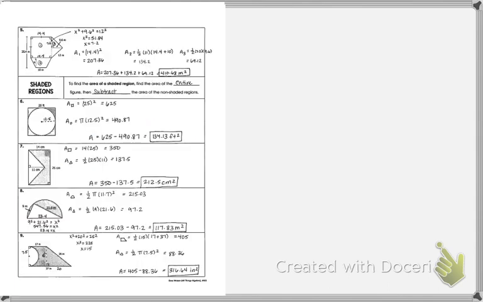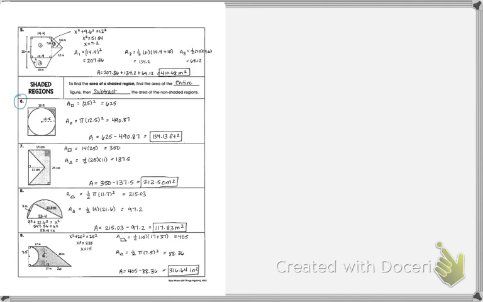If you go to the next page, page 2 of 11.3, now we're distinguishing between areas of shaded regions using these types of composite figures, or figures within figures. Take, for instance, number 6, right here.